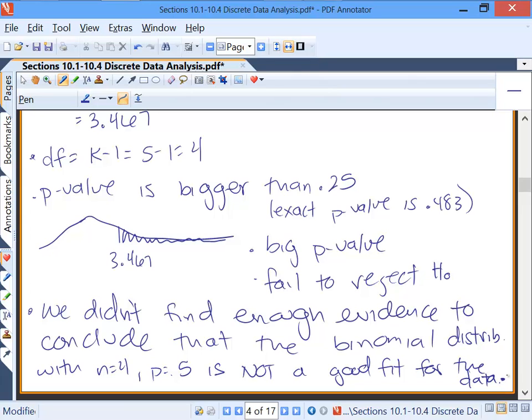So again, just not enough evidence to conclude that it's not a good fit, which means at this point we have no reason to not use the binomial distribution to describe our data.